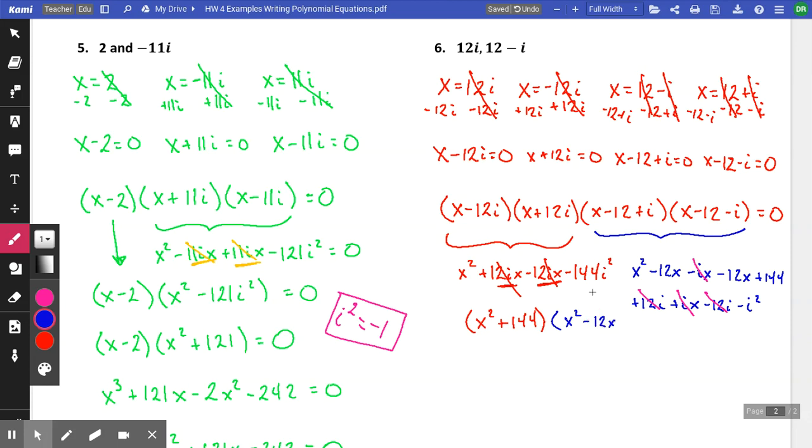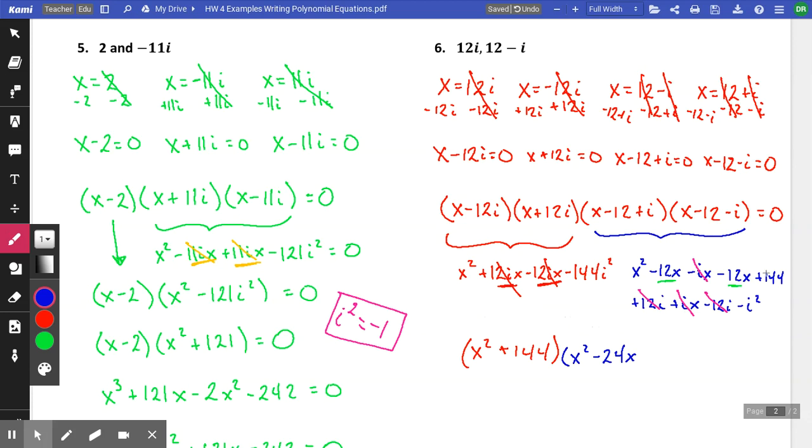Oh, let's back up. We have two terms in the middle that can combine. And so we have a minus 12 and a minus 12. So that's going to give us minus 24x. And then we have a plus 144 minus i squared. And I'm going to go ahead and move this down just a little bit so it's not so bunched together.